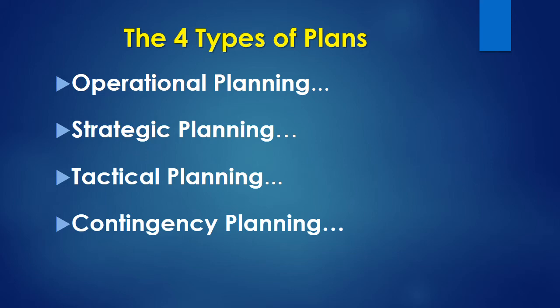And lastly, for the contingency planning, the contingency plans are made when something unexpected happens or when something needs to be changed. Business experts sometimes refer to these plans as a special type of planning.